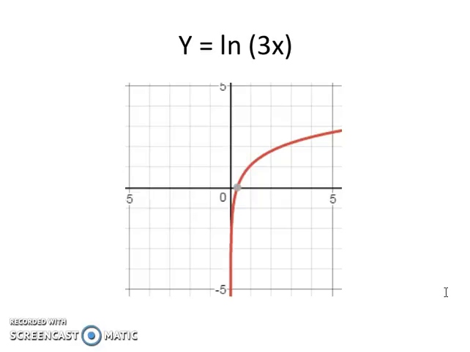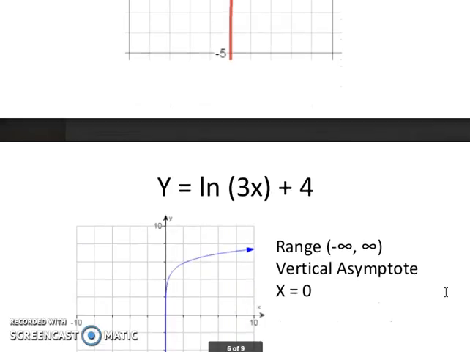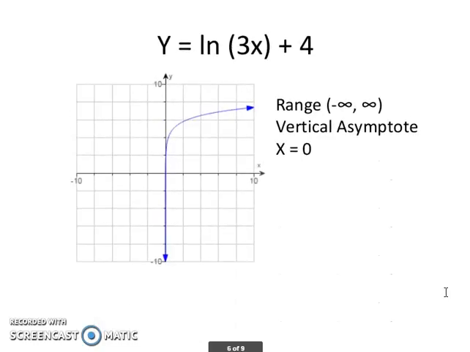The next thing that happened from the original function of natural log x to our equation is that we added 4. So now if you see down there, that is the equation we are given. The plus 4 is our last transformation. Since it's on the outside, that means we're adding 4.